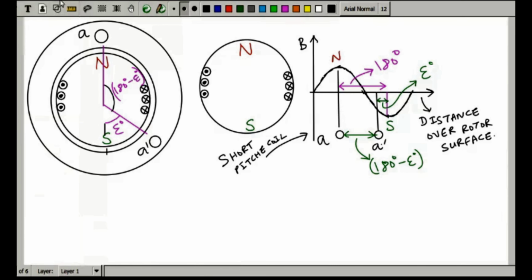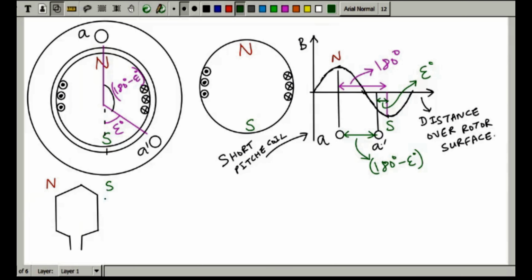Over here in this particular case, how are you going to represent it by phasor, the way we have represented earlier? Now the coil is short pitched by some angle epsilon. So this is, say, under the center of the north pole, but this is no longer at the center of the south pole.